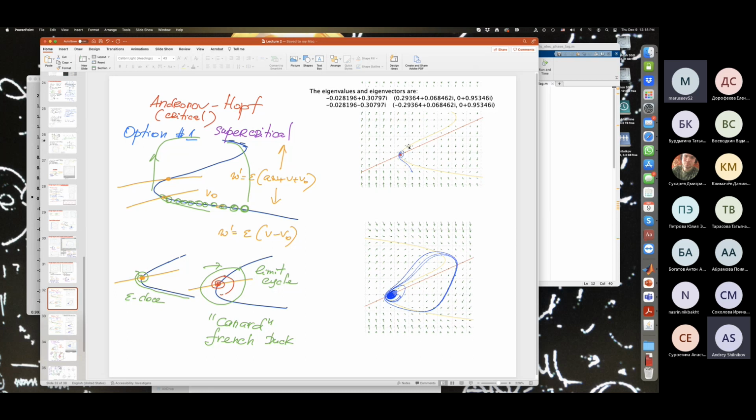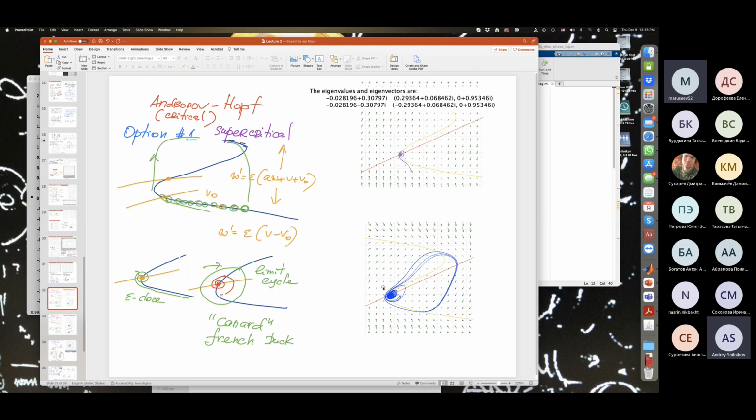In some cases it becomes a large amplitude relaxation cycle, but typically it's just a round limit cycle that increases in size. This is called supercritical Andronov bifurcation.